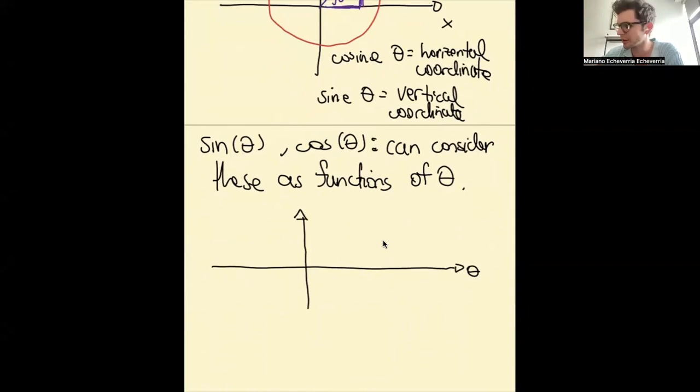The graph of sine, if you remember from the animation, starts at zero when the angle is zero, and reaches 1 at 90 degrees, or pi over 2 radians. I'll write the angles in radians, since most of the time in this course the angle will be in radians.